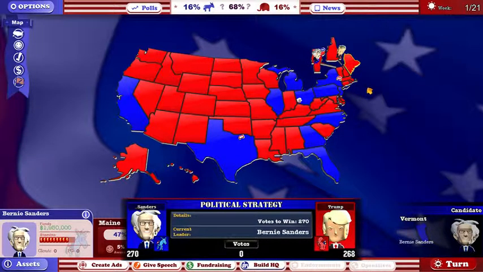The winner of the election per se in each of those congressional districts will win 1 electoral vote for each congressional district they win. So let's say that Donald Trump wins the state of Maine. He wins the entire state. He gets 2 electoral votes just for winning the whole state.